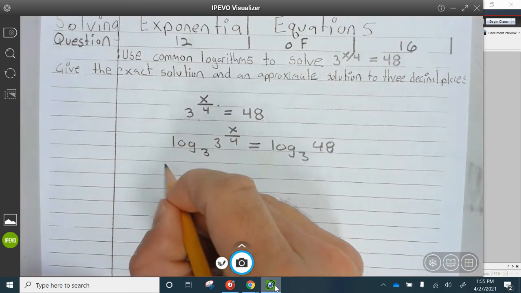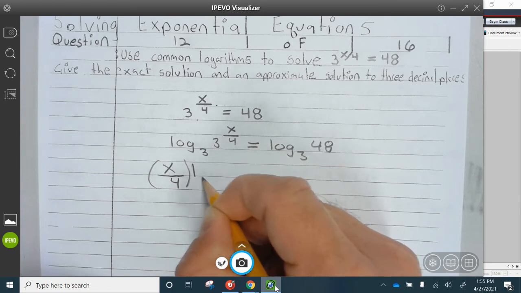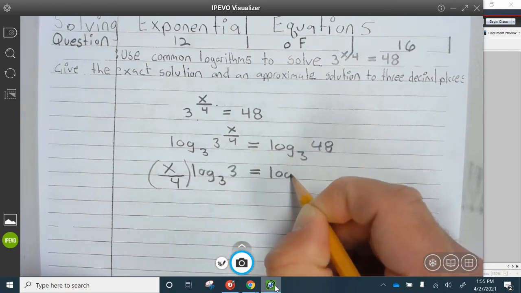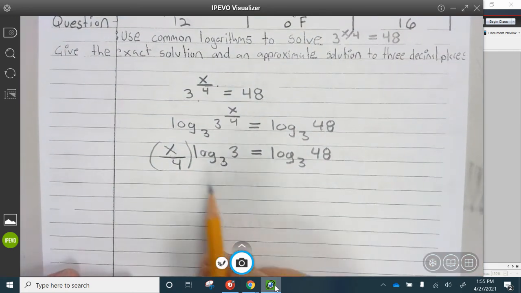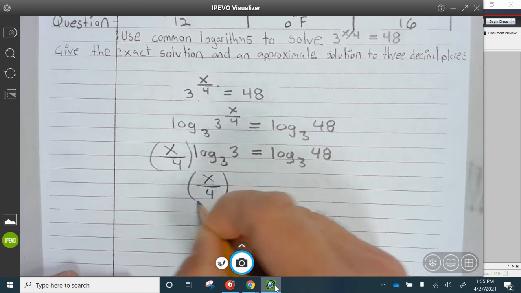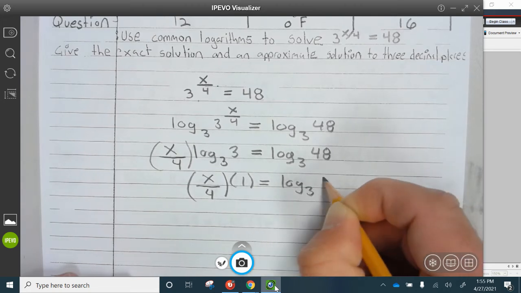This now goes to the front, so x divided by 4 times log base 3 of 3 equals log base 3 of 48. That becomes 1, so then you have x divided by 4 times 1 equals log base 3 of 48.